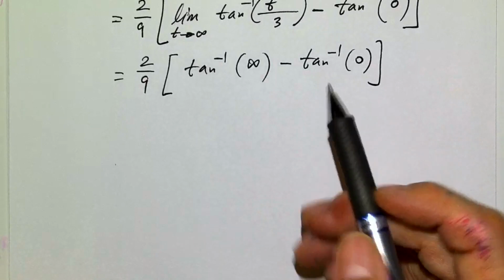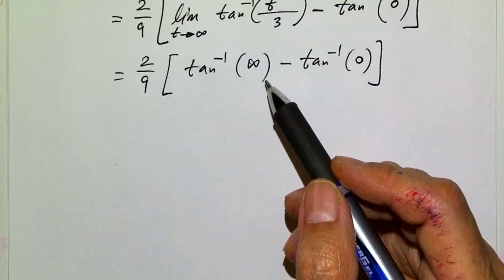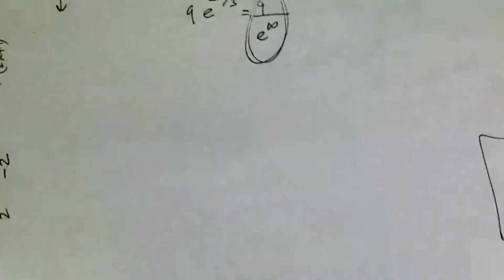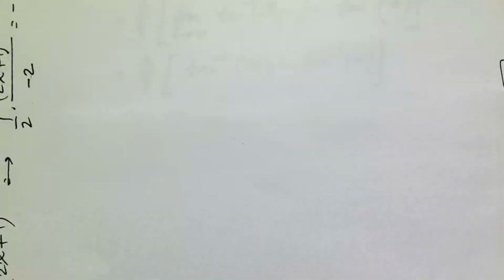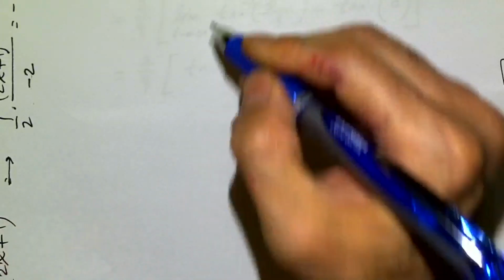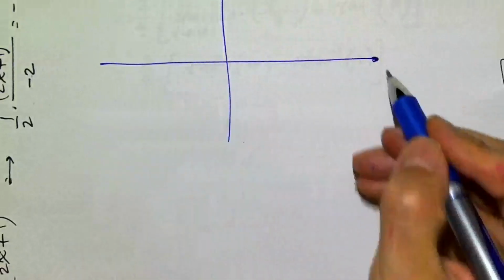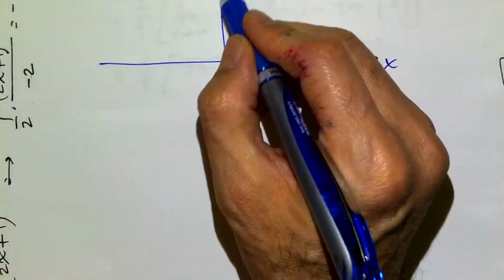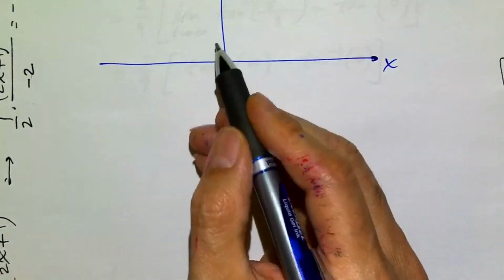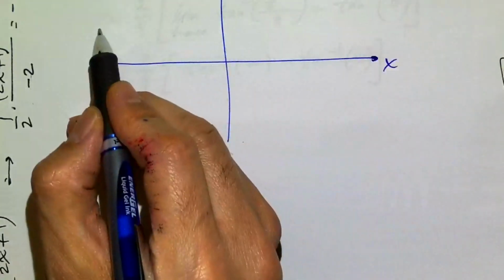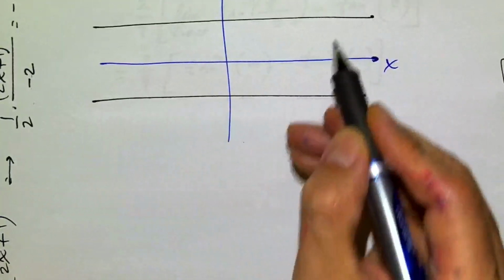Let's just recall the inverse tangent function. If this is the xy axis, then the inverse tangent function is like this.